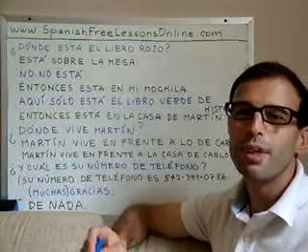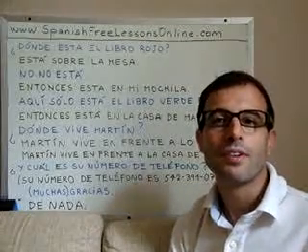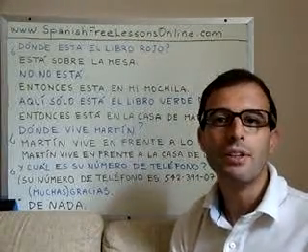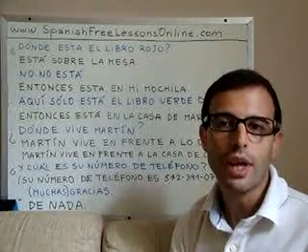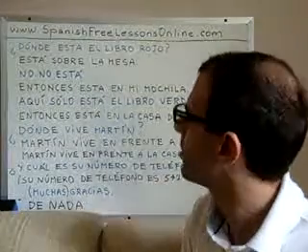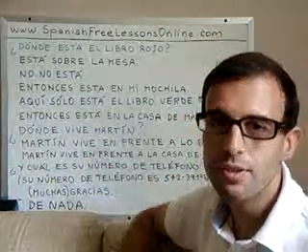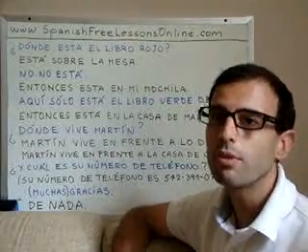Okay, so today we will learn some sentences using words that we have already learned. All the words except this one that I'll teach you now, we have already used, already mentioned, already learned.